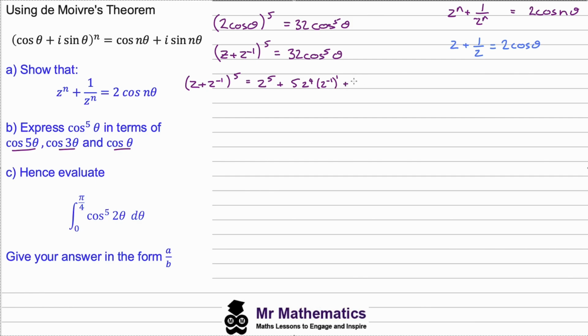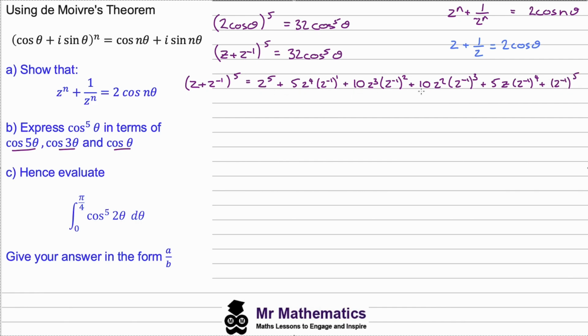Then we'll have 5 choose 2 of z cubed and z to the negative 1 squared. Then we'll have 5 choose 3 of z squared times z to the negative 1 cubed. 5 choose 4. This will give us a z and z to the negative 1 to the 4. And then our final term will be z to the negative 1 to the power of 5.